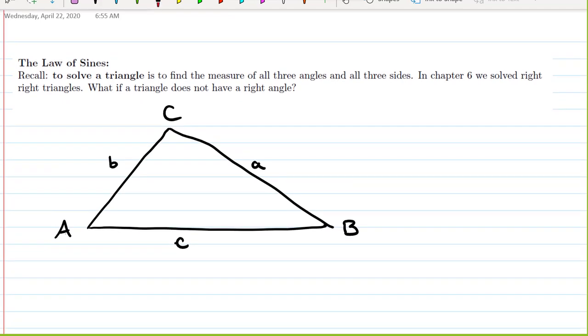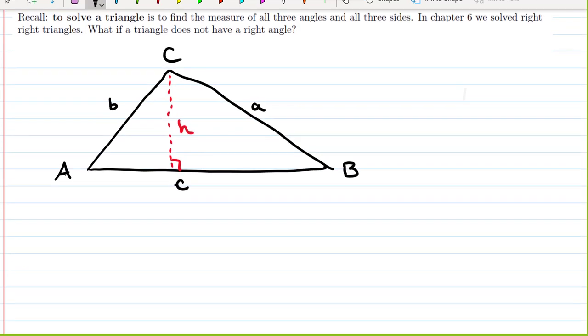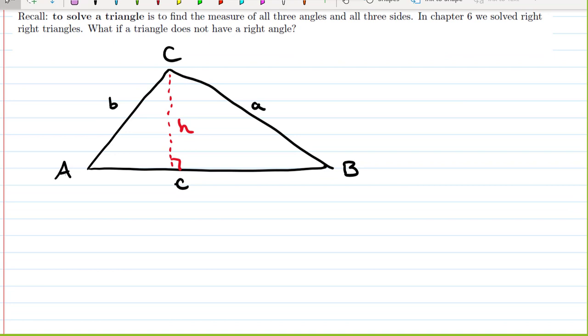We don't have a right triangle, but we could drop a perpendicular from that angle down to this side. So we drop a perpendicular from the vertex to the opposite side, and we're going to call this h. We don't know what that is, but we can use that to help us come up with some relationships inside this triangle.